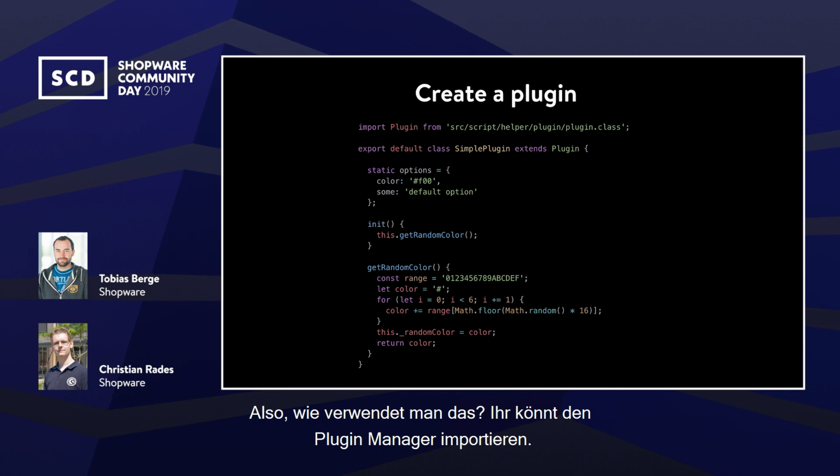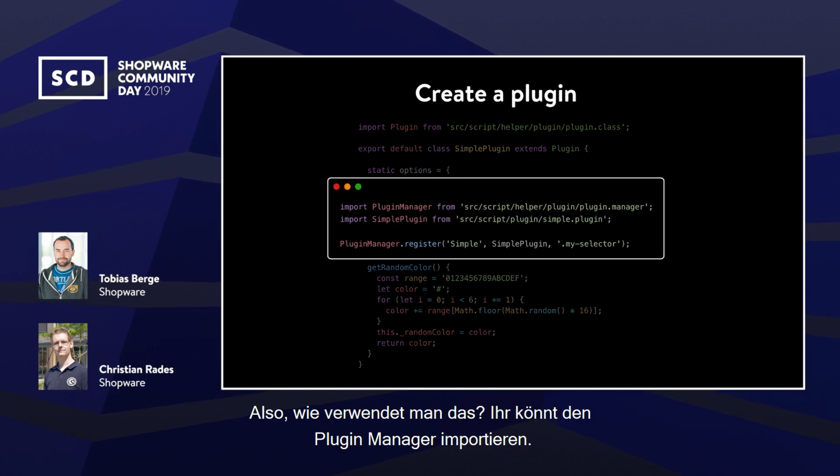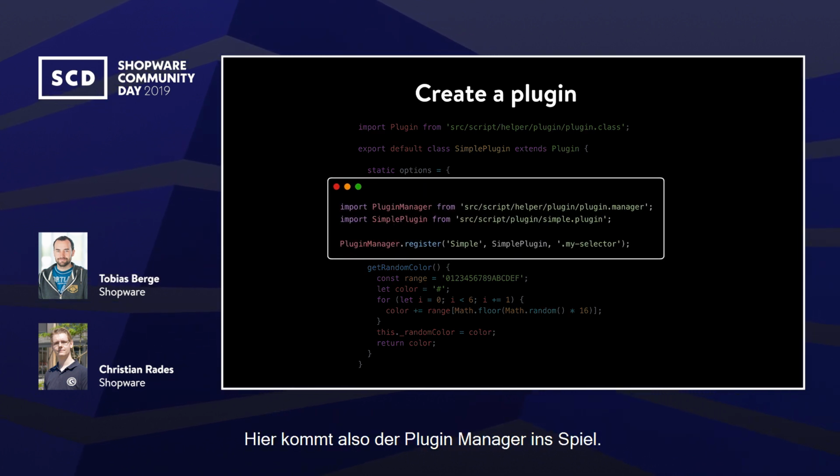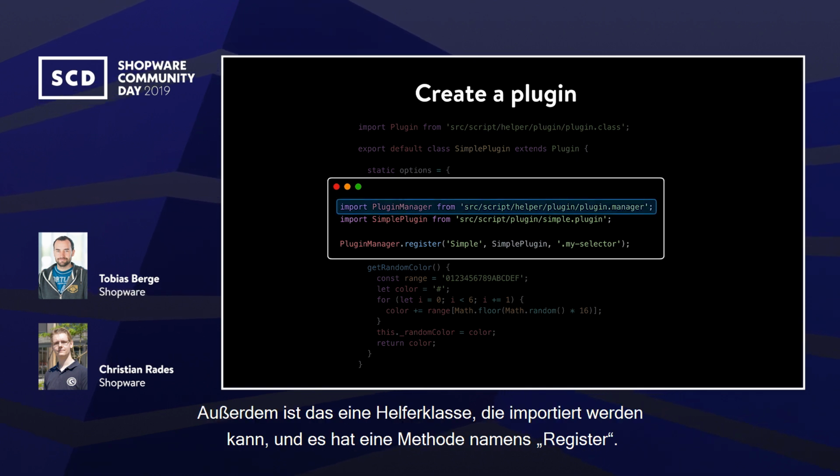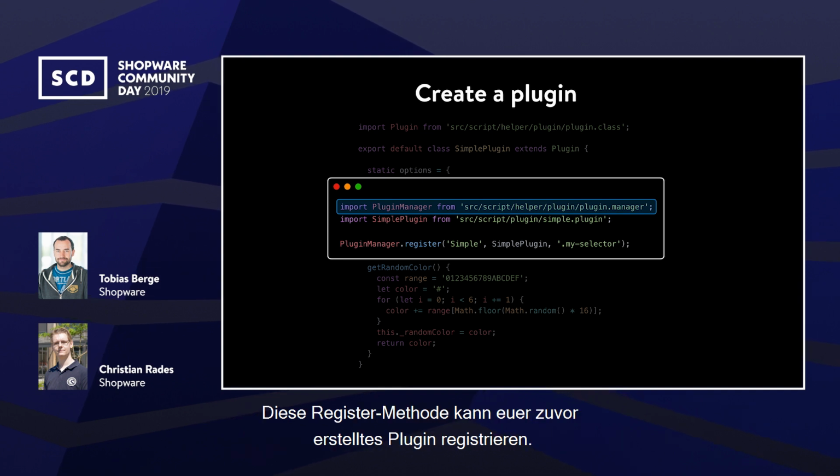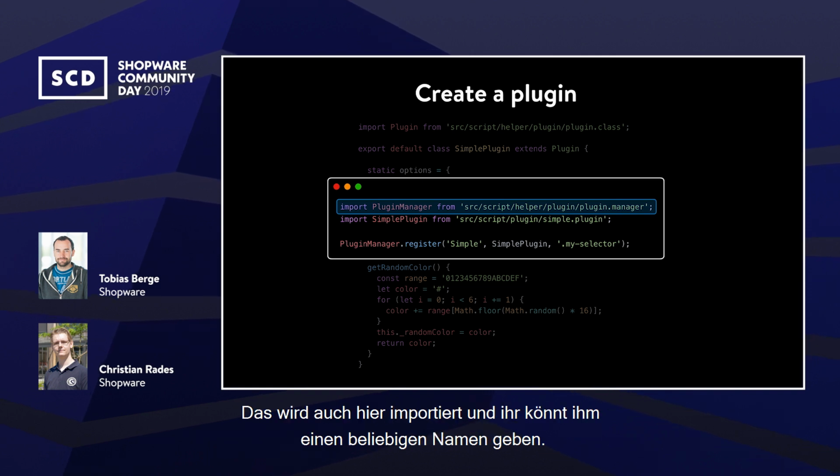And how do you use this? You can import the plugin manager. This is where the plugin manager comes into play. This is also a helper class which can be imported, and it has a method called register. This register method can register your previously created plugin, which gets imported right here.